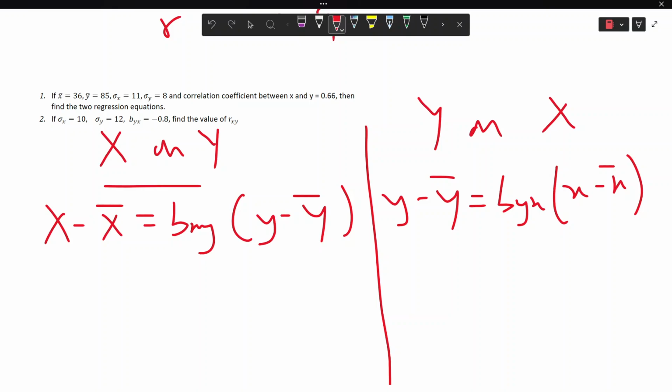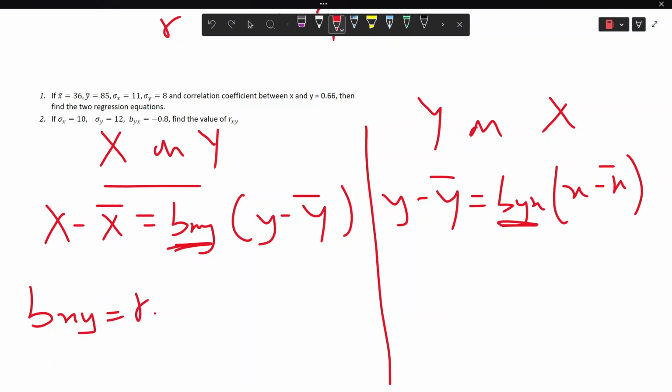But here lies the case: we don't have the regression coefficient. So how do you go about it? Given the correlation coefficient.